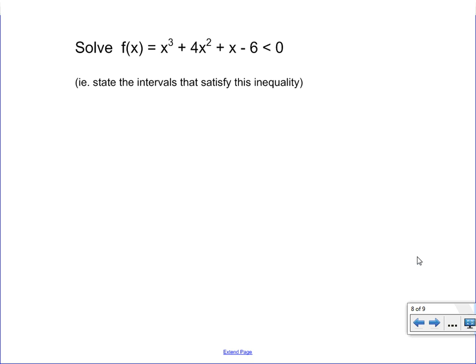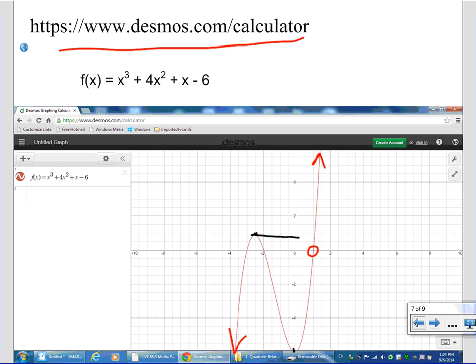We want to talk about this inequality. I'm just going to turn this function into this inequality. Remember that I previously found this polynomial function to be this. Now, my original graph gives me when this is less than 0.